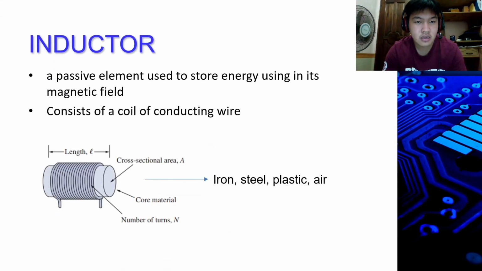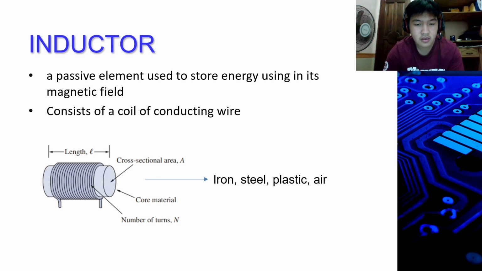Our next topic will be the inductor. Just like the resistor and capacitor, the inductor is also a passive element. We can consider the inductor as the counterpart of the capacitor, and it has many applications in electronics.